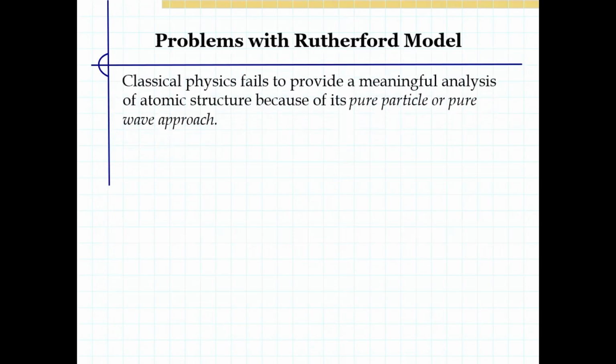These problems in the Rutherford model were due to the fact that classical physics was used to interpret and develop Rutherford's model. Classical physics fails to provide a meaningful analysis of atomic structures because of its pure particle or pure wave approach.